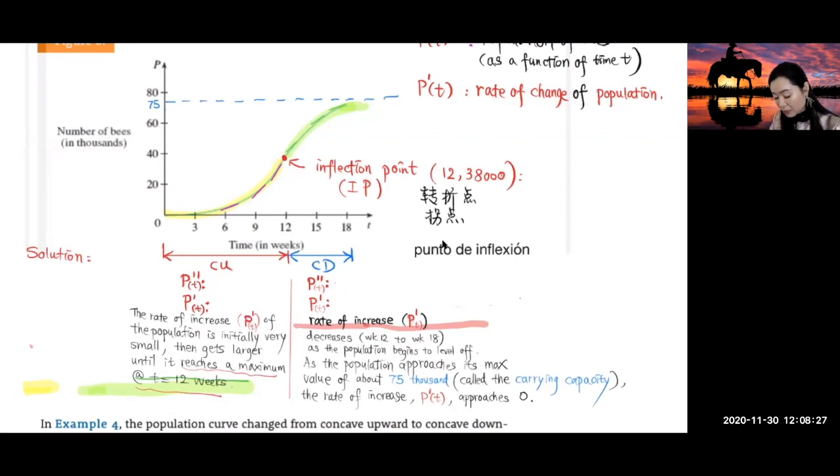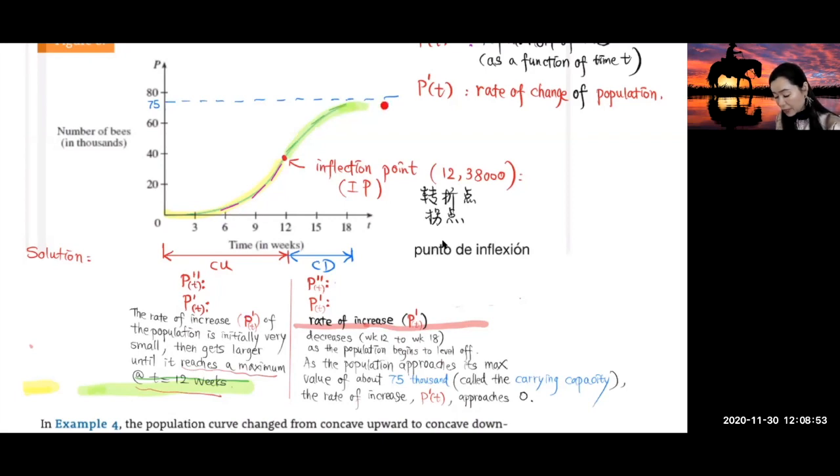And then it's going to reach a maximum at this point, at 12 weeks. Oh, by the way, this is in weeks, not days, okay? At 12 weeks, the first derivative is going to reach the maximum right here. Afterward, if you draw the tangent line, you see the slope actually decreases, right? Less steep, almost horizontal now.